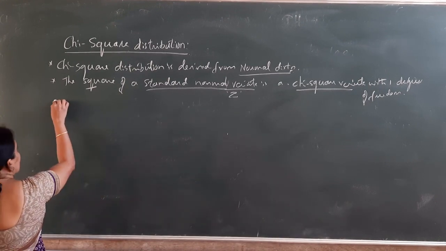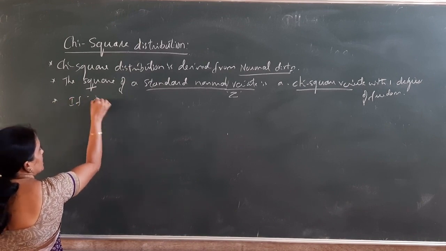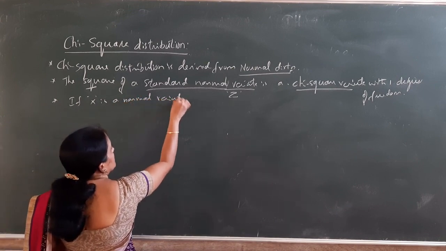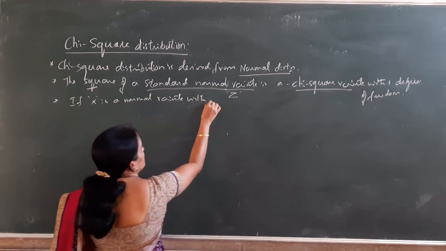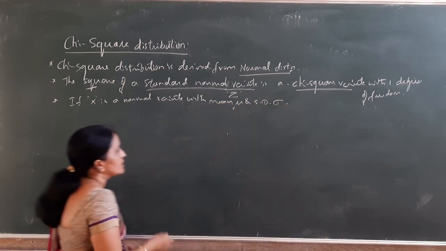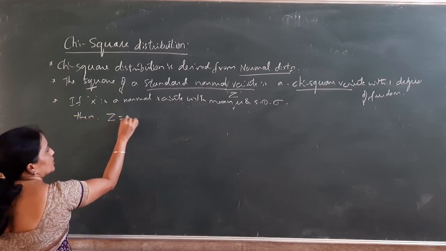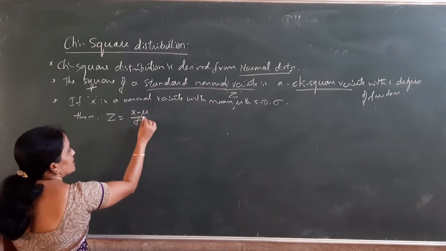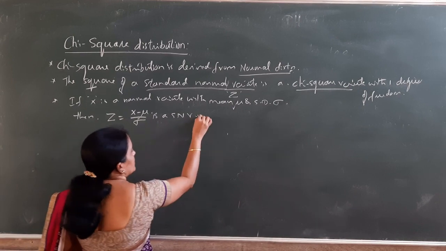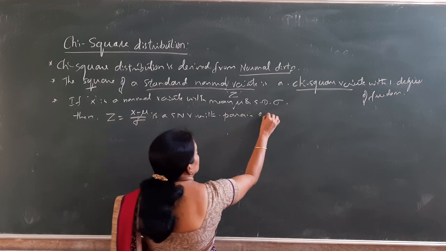That is, we can write like this. If X is a normal variate with the mean mu and standard deviation sigma, then we know Z equal to X minus mu by sigma is a standard normal variate with the parameters 0 and 1.